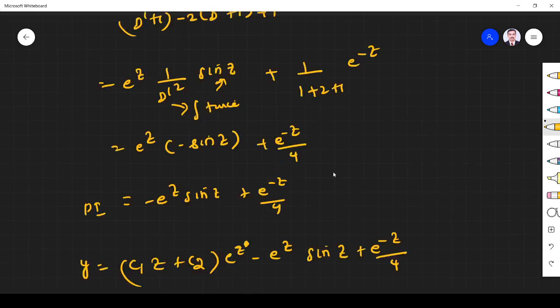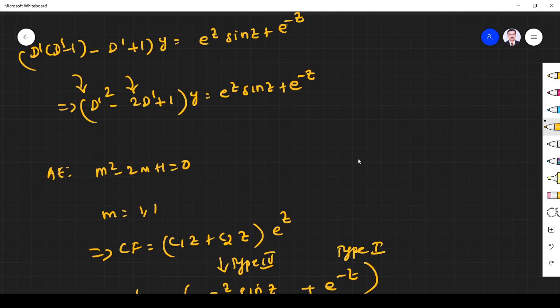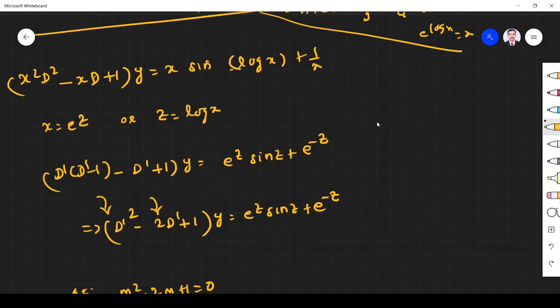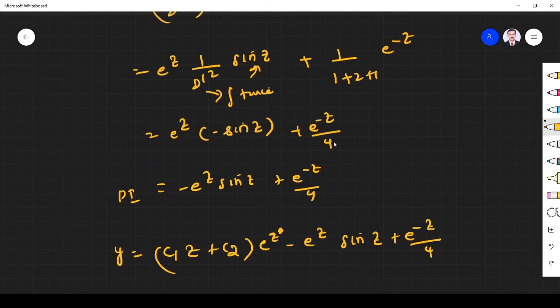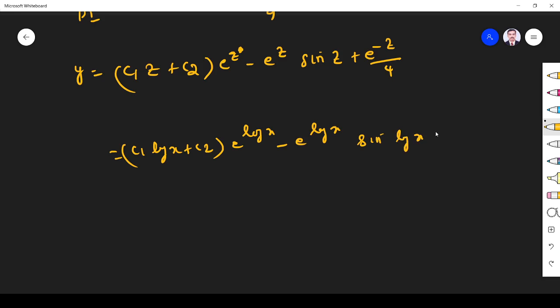So everything is in z. What is z? I want everything in x. So z is equal to log x. Substitute that value. If you substitute everything, so (c1 log x plus c2) e power log x, minus e power log x sine log x, plus e power minus log x by 4.